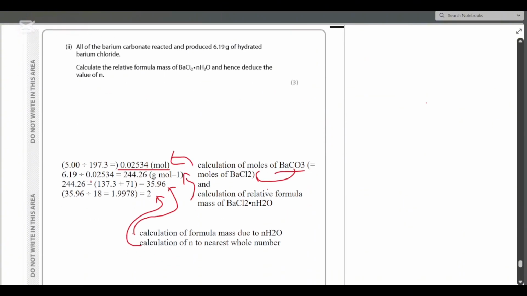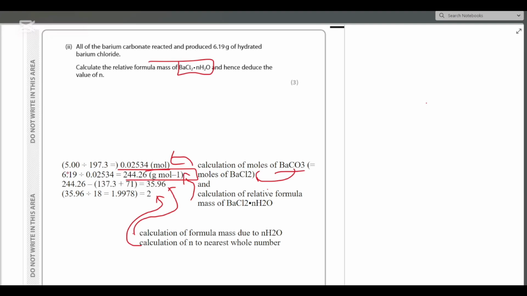So we can easily find the molar mass of hydrated barium chloride, to be exact. We know the total molar mass, and now we can just omit the BaCl2 part in order to get the mass of water.